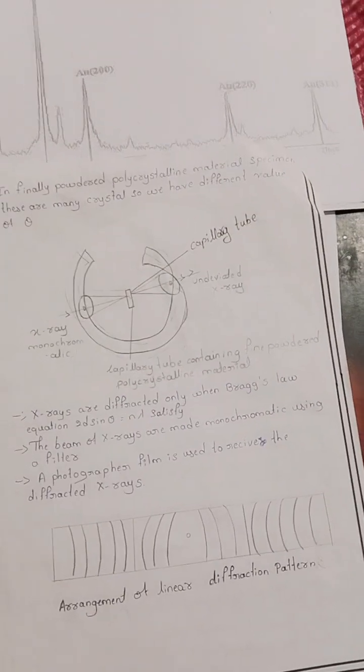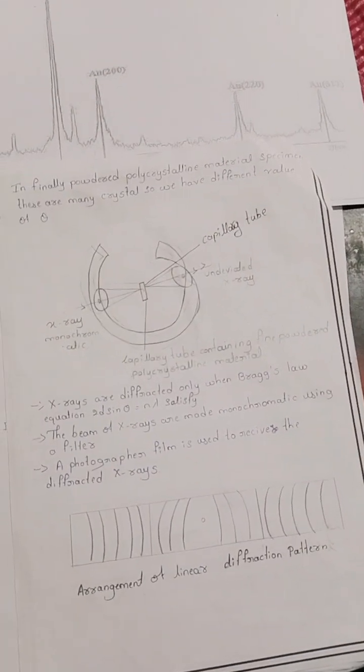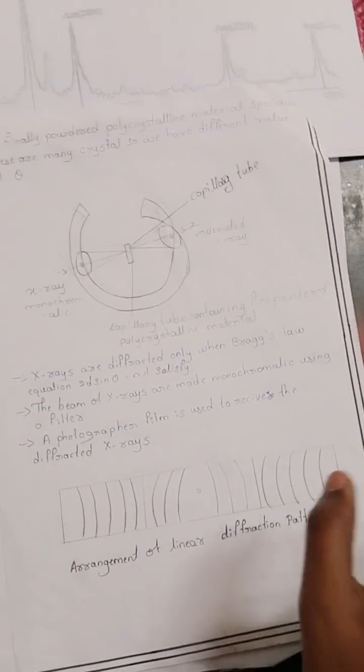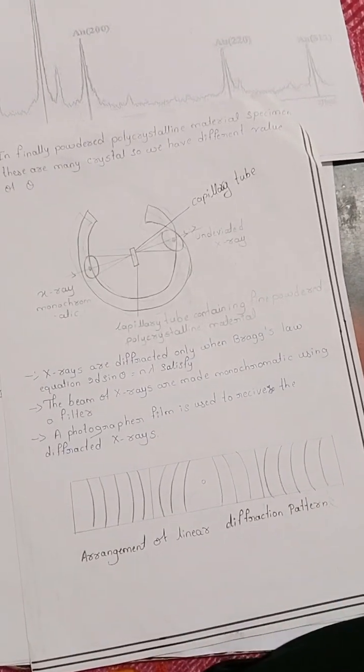This capillary tube is kept inside the Debye-Scherrer camera so that we can observe the pattern very clearly with the help of that camera. At one end we have a hole, and from that we pass X-rays, that is a monochromatic X-ray, as we know that X-rays have a short wavelength.